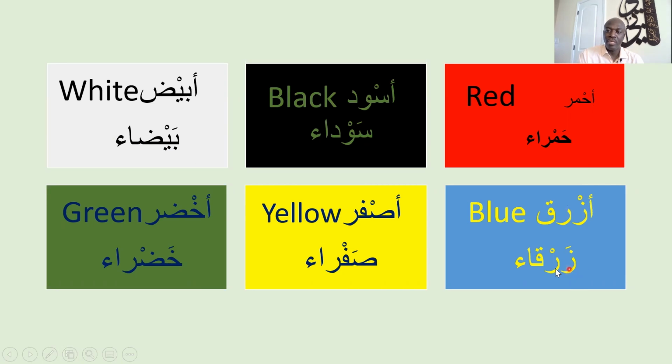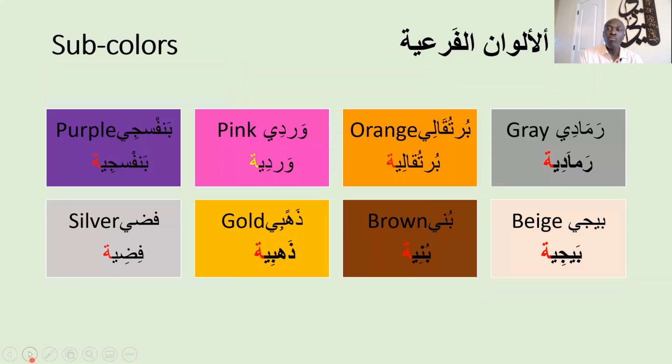Azraq, zarqa. أصفر صفراء أخضر خضراء. So the حمراء سوداء بيضاء زرقاء صفراء خضراء, these are the feminine form of the major or the main colors, the rainbow colors. Let's go and see some other subcolors that we have here.